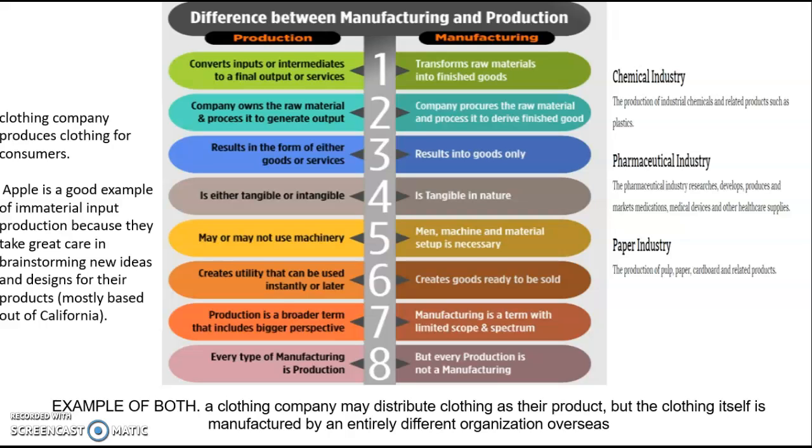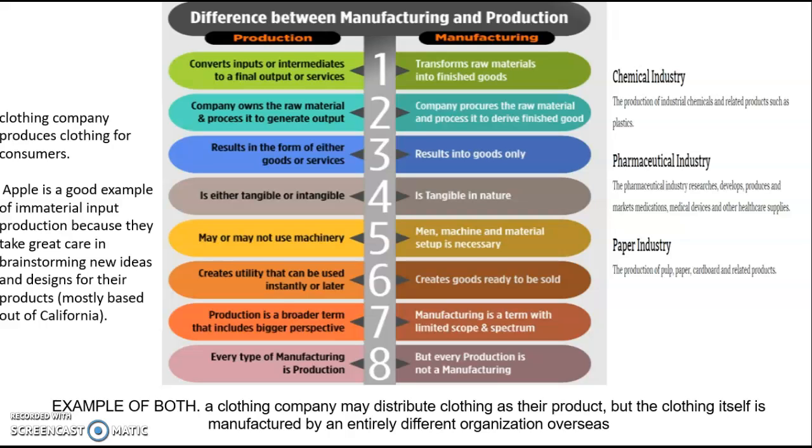So this is the raw material. In the manufacturing process, in that factory, they create the flour made of corn from the plant. But production is when you have that bag with the corn flour and you sell it to a supermarket or to a shop. So that is the difference.